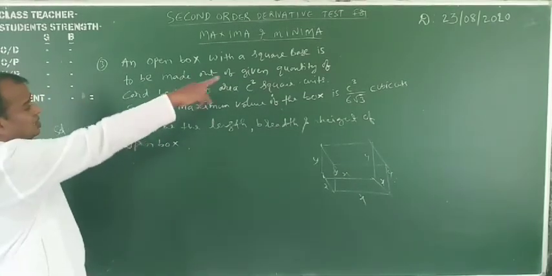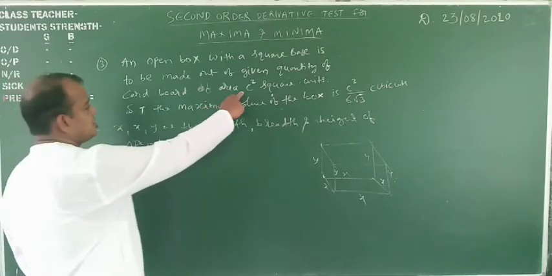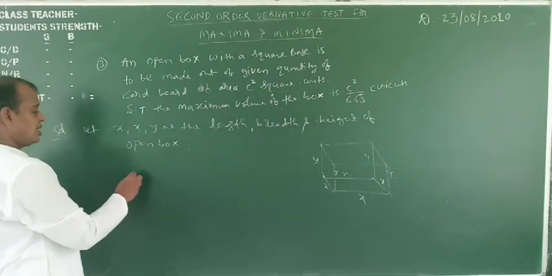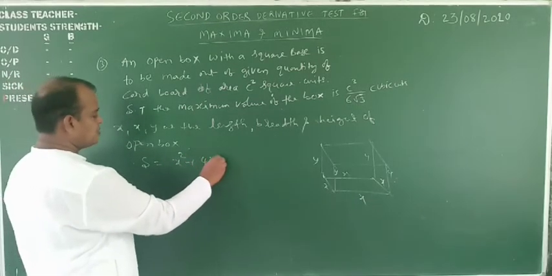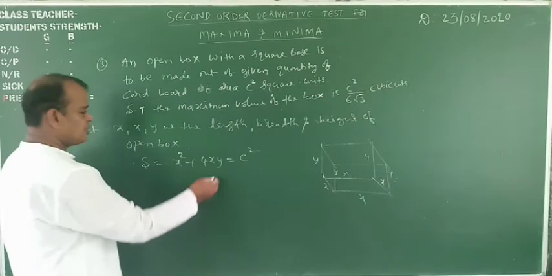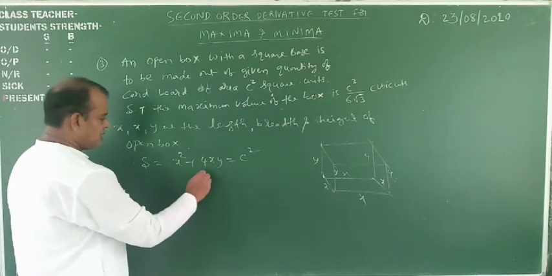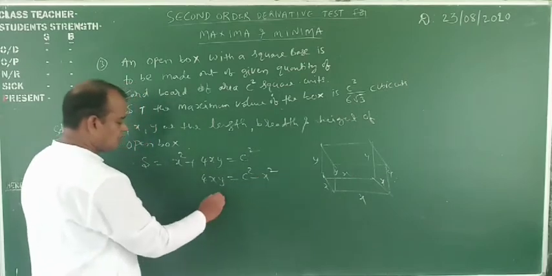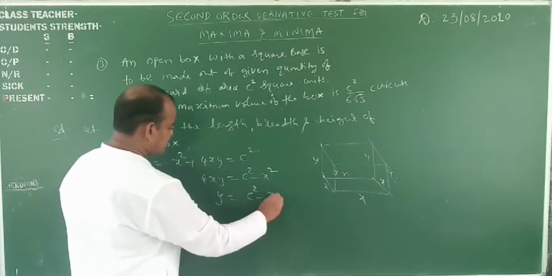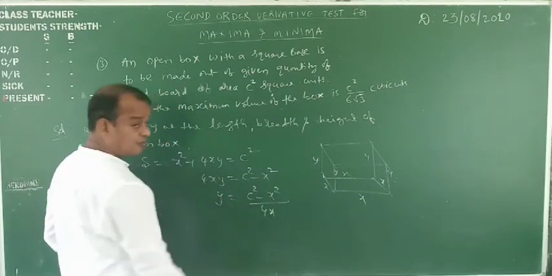Now the total surface area is c square units: base x square plus the remaining 4 sides 4xy is equal to c square. From this you can find the value of y. 4xy is equal to c square minus x square. Now y is equal to c square minus x square by 4x.